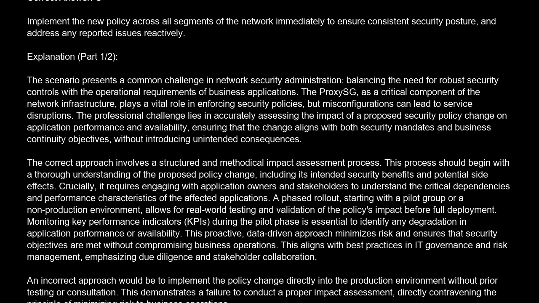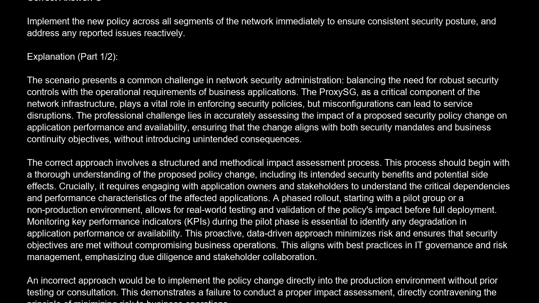The ProxySG, as a critical component of the network infrastructure, plays a vital role in enforcing security policies, but misconfigurations can lead to service disruptions. The professional challenge lies in accurately assessing the impact of a proposed security policy change on application performance and availability, ensuring that the change aligns with both security mandates and business continuity objectives, without introducing unintended consequences.